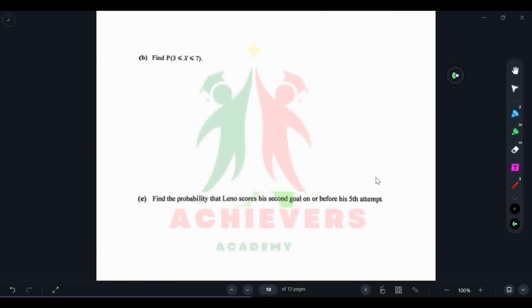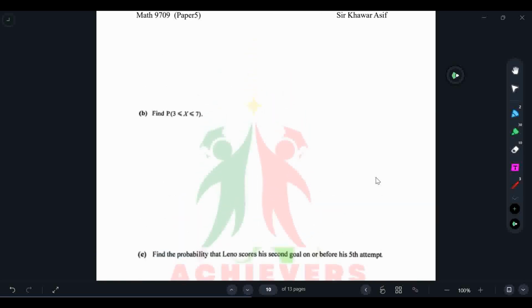The B part is the probability of x between 3 and 7. So this means we need to find the probability of x less than or equal to 7 minus the probability of x less than or equal to 3. Now the first part will be 1 minus q power 7, minus 1 minus q square.